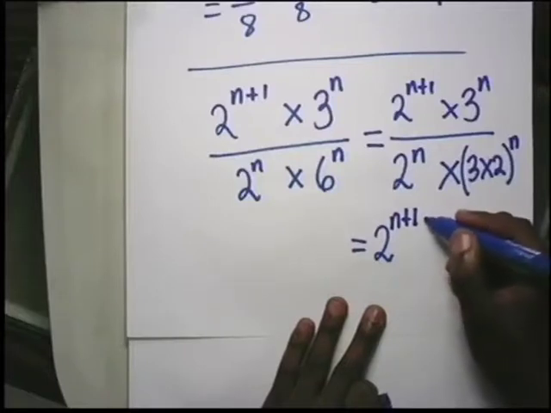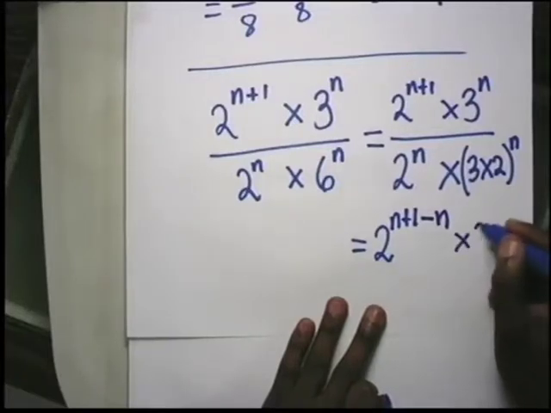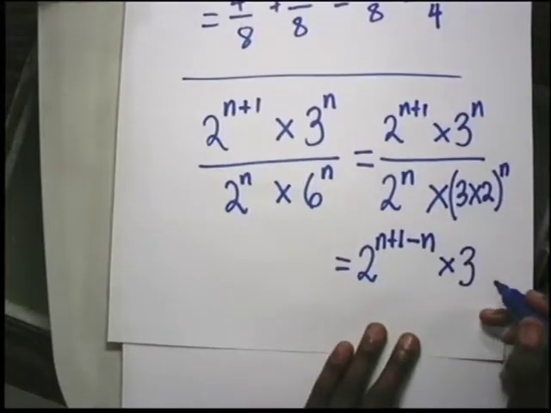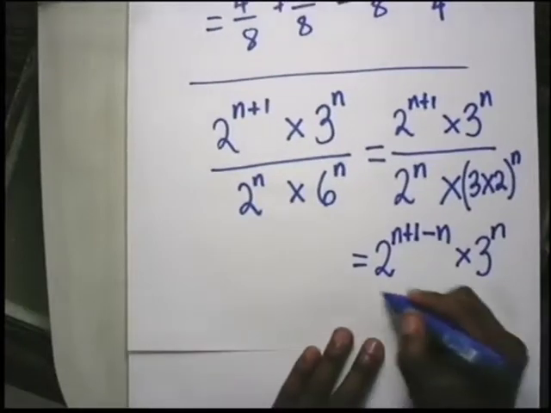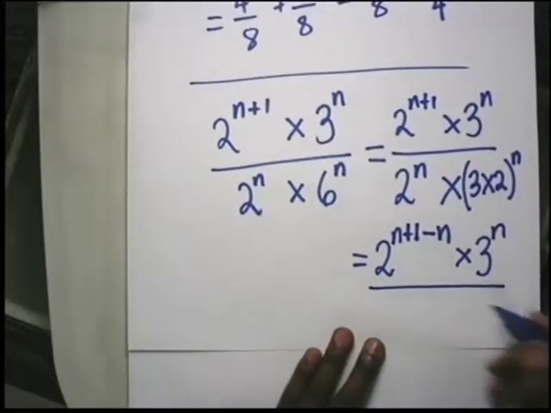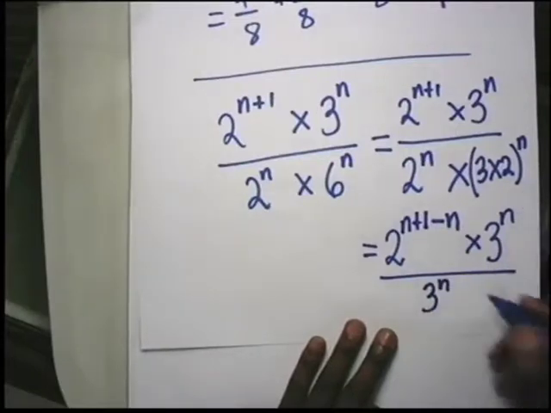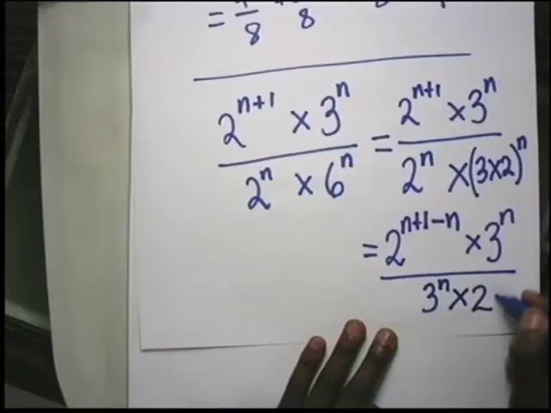You apply the laws of indices, you subtract n, and then you also have a 3 on top there. You keep it as it is, and then this is over 3 to the power of n. Now we are expanding the 6 or the 3 times 2 there, multiplied by 2 to the power of n.